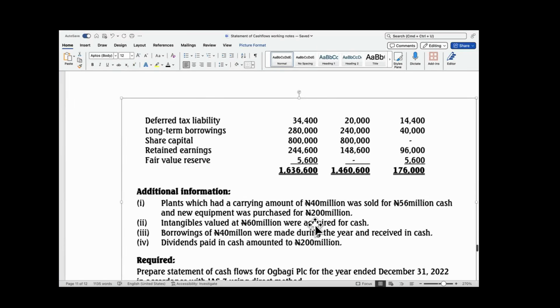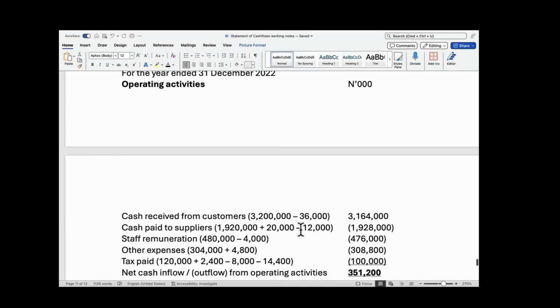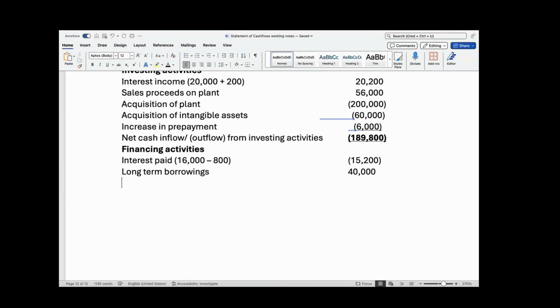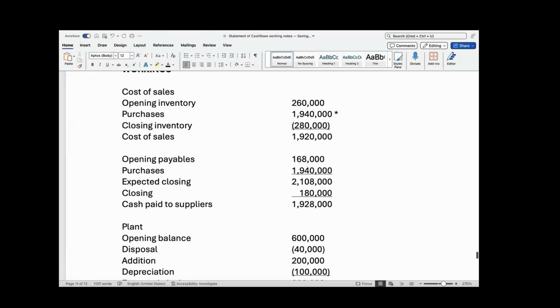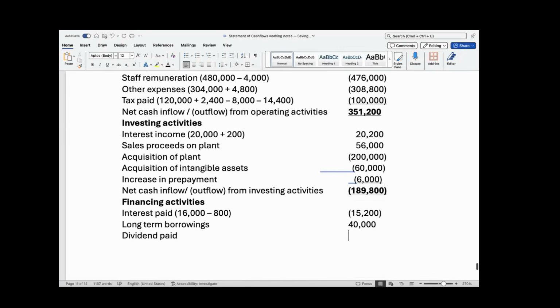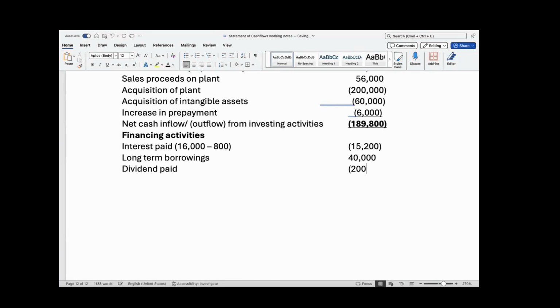But there's a dividend paid. I know that the dividend paid will be the major cash movement there. So I don't have to do the movement here. Let me not bother doing that. 200 million as an outflow.